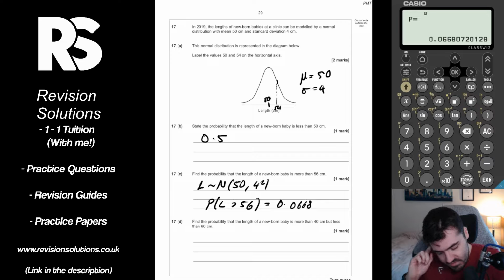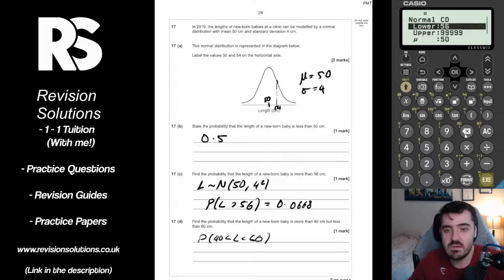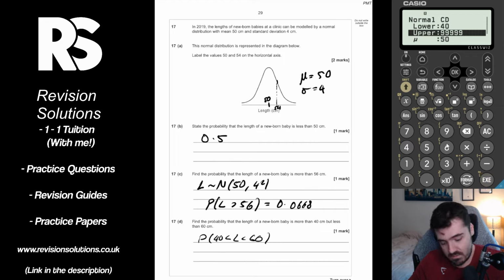Find the probability that the length of a newborn baby is more than 40 centimeters, but less than 60 centimeters. That's the probability that L is between 40 and 60. Again that's a question for our CD. We just have to change our lower and upper. So 40 and then 60.